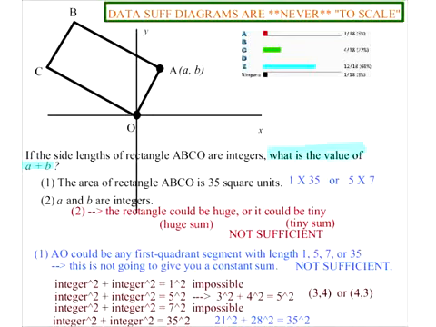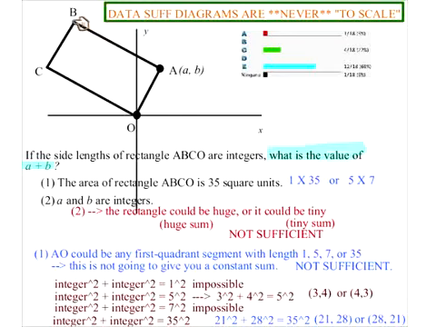Now, here's the problem with that. If this length is 35, then what will AB have to be? Remember, it's not a scale diagram, but at least we know that B has to be in the second quadrant. That's where the problem comes in.